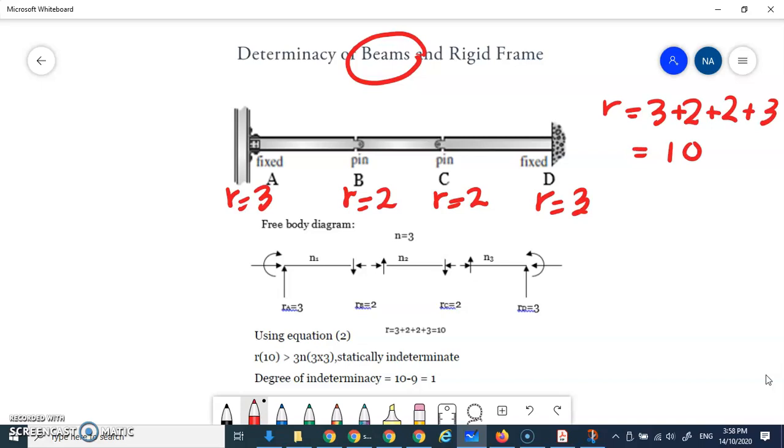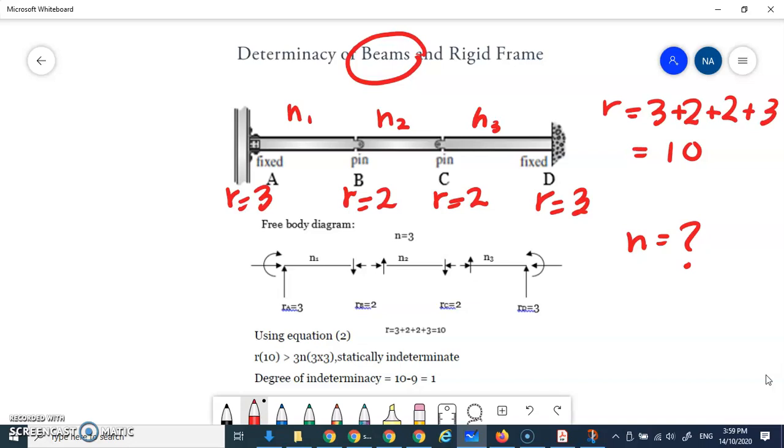Okay. N pula. Okay. Number of parts in this beam. So this will become N1, N2, N3. Okay. So if you want to draw the free body diagram like this, so we make a separate. Okay. As long you know at each point we'll have how many reactions.